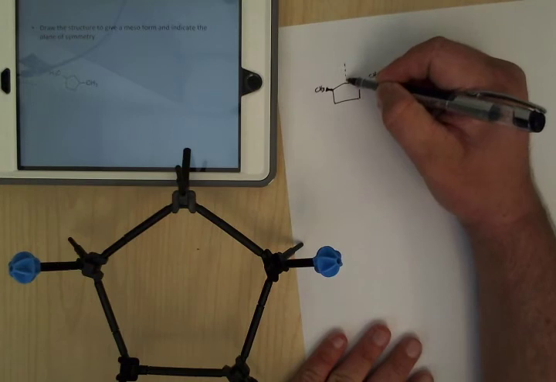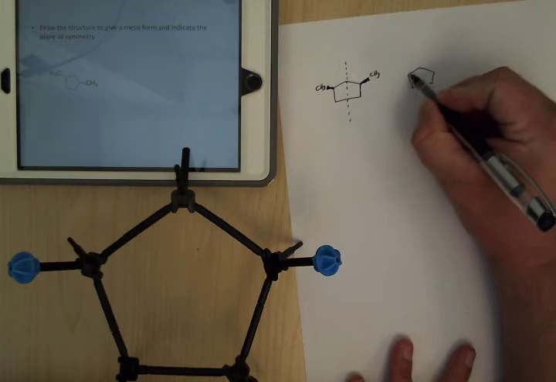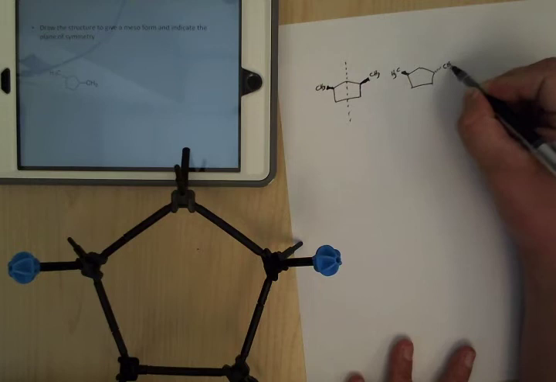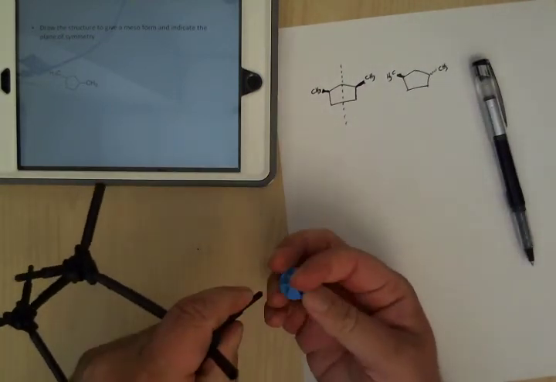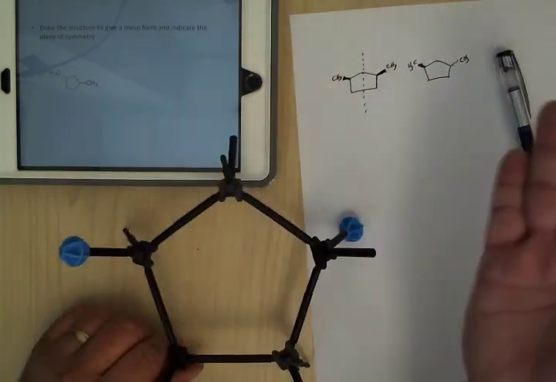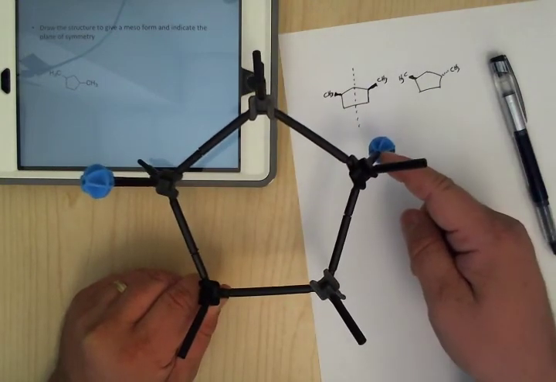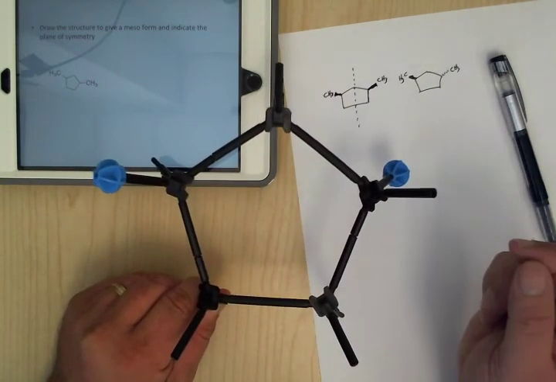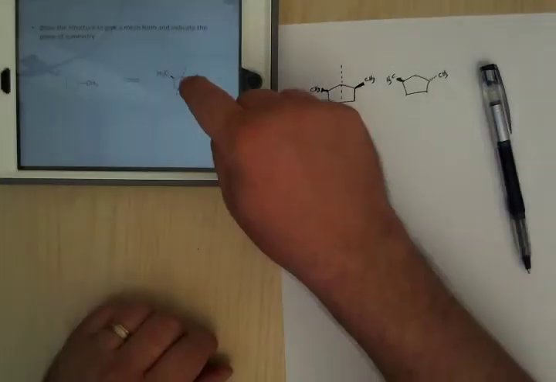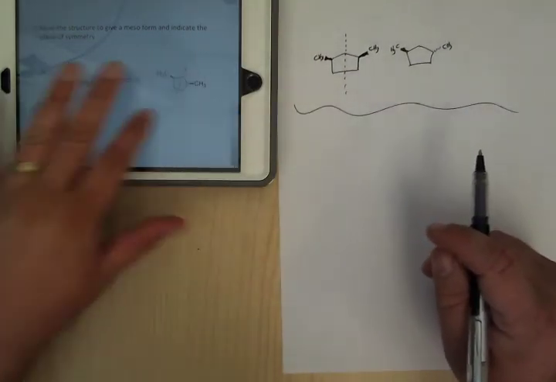If you had one going up, one going down, there's actually no plane of symmetry. This side is not the same as this side, because it's not the mirror image. Here the blue is up, here the blue is down, so there's no plane of symmetry. You could either have them both going up or both going down. Doesn't matter. I'll take either one.